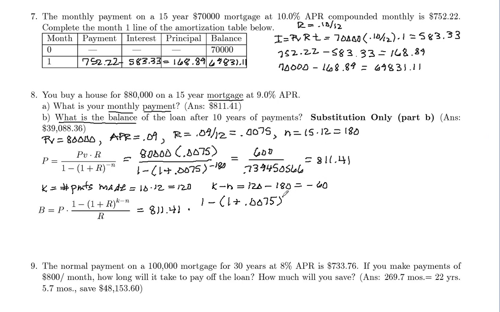So this exponent here is negative 60. And we're dividing all of that by our interest rate, 0.0075. Then key this in and double check and make sure that you can get that 390,088.